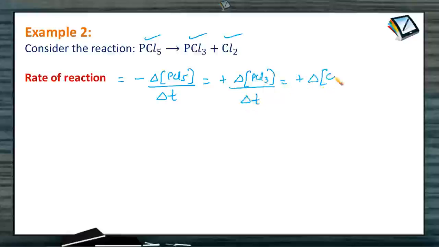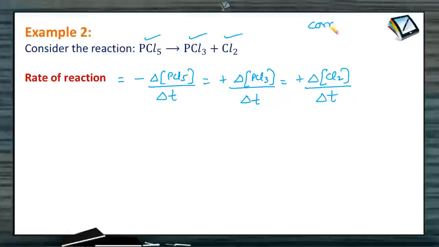Again, as PCl5 is a reactant, we need to keep a negative sign in front of the reactant as the concentration of the reactant decreases along with the time, and we are keeping a positive sign in front of the products, both PCl3 and Cl2. But overall what we are writing is simply the change in the concentration in the particular time interval.